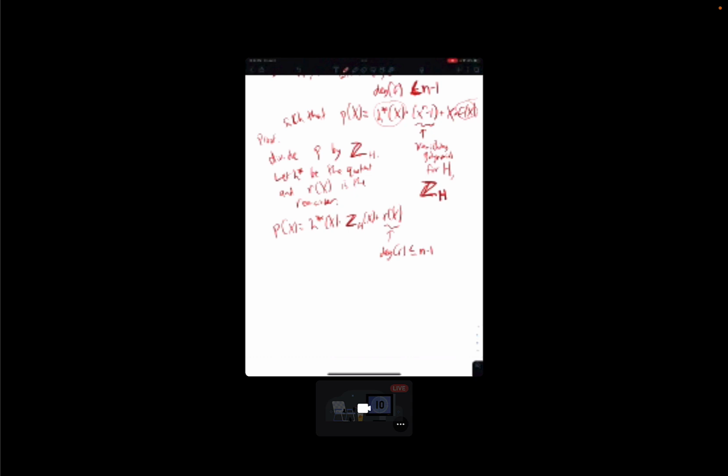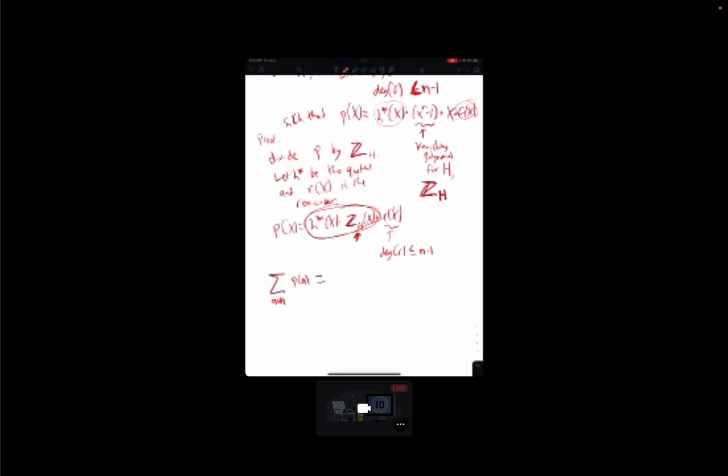Because by definition this vanishing polynomial vanishes on H, if I am interested in summing up P's evaluations over the nth roots of unity, this term contributes nothing to the sum. For any nth root of unity A, when I feed A through Z sub H, it equals 0, and so H star of A times 0 is 0.